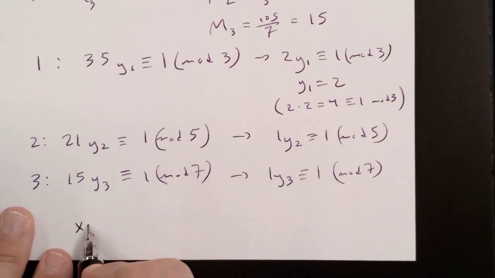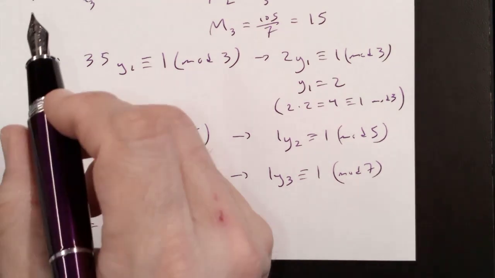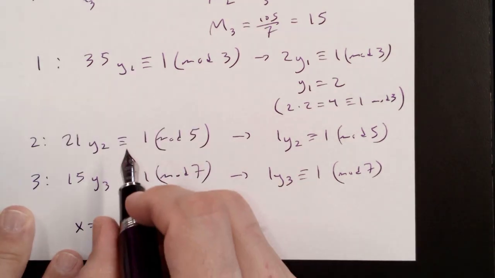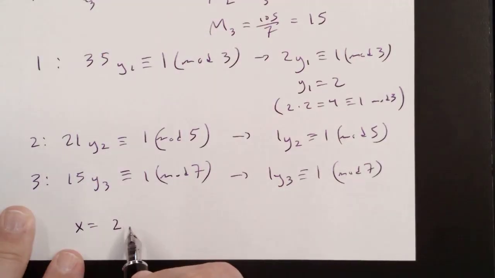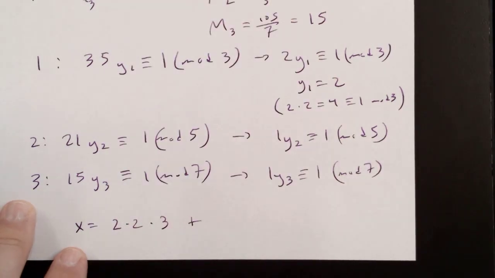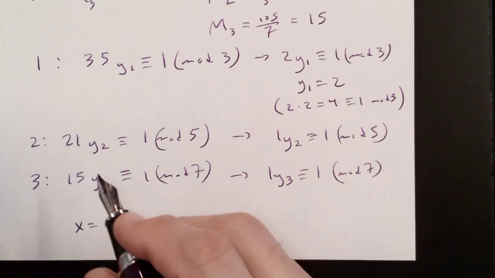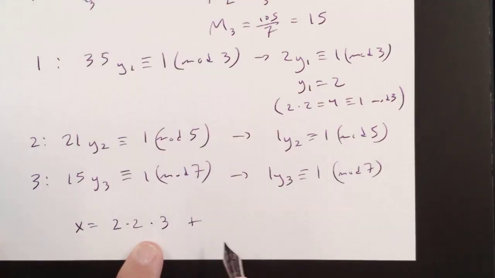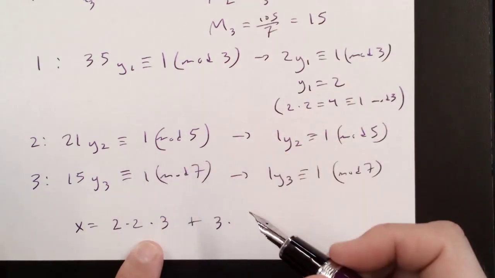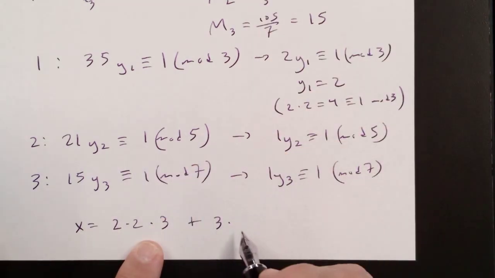X is a1 times y1 times m1. a1 is 2, y1 is 2, m1 is 3, plus a2 times m2 times y2.